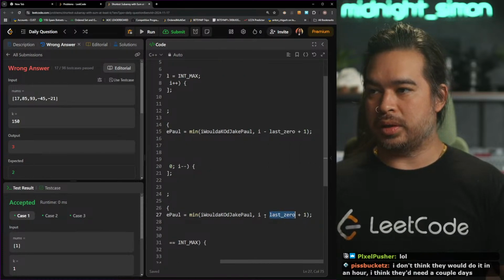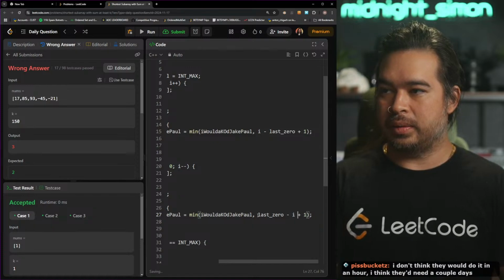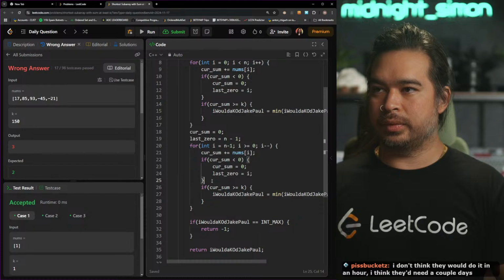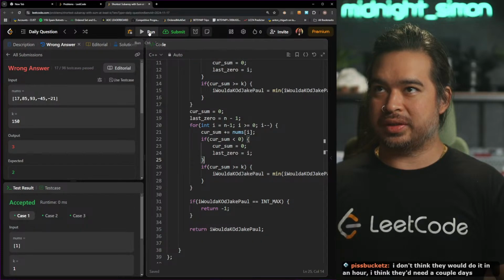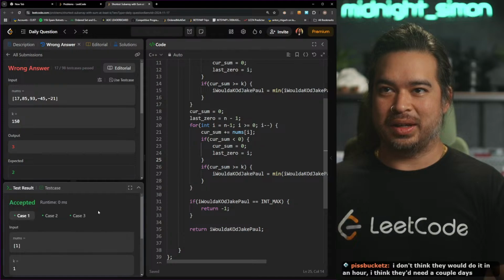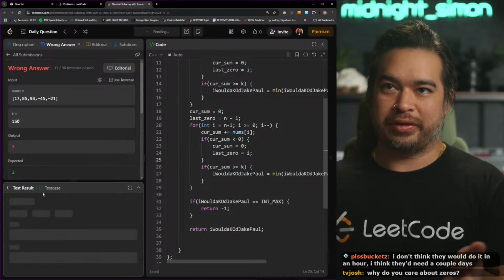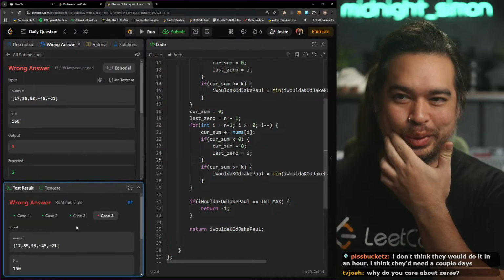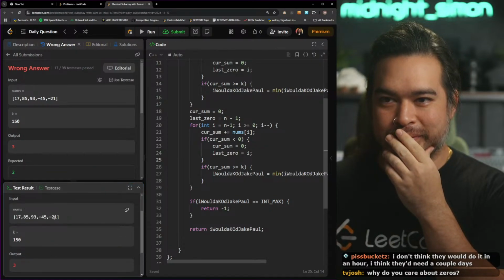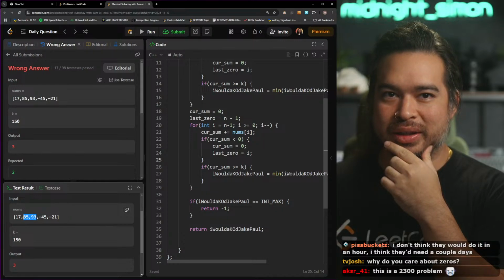So this would be last 0 minus i plus 1. Let's see if this works. I don't think so, man. I think this is a little too easy. It might work for this test case, but I'm not sure it will work. No, it doesn't even work for this test case, man. How the hell? These two are supposed to add up, and we're supposed to be alright.